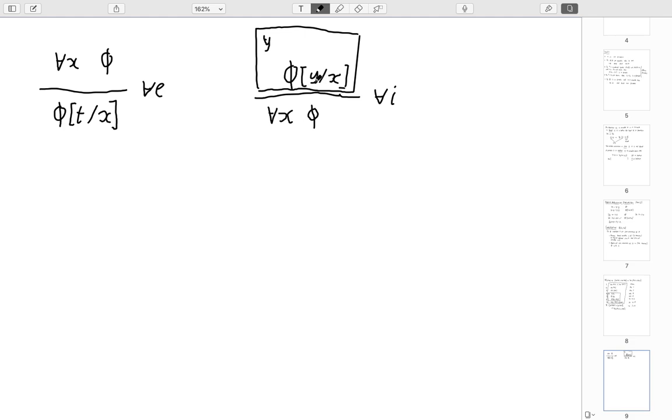It's called the eigenvariable. So y is the eigenvariable. The eigenvariable seems to work better if I write faster.